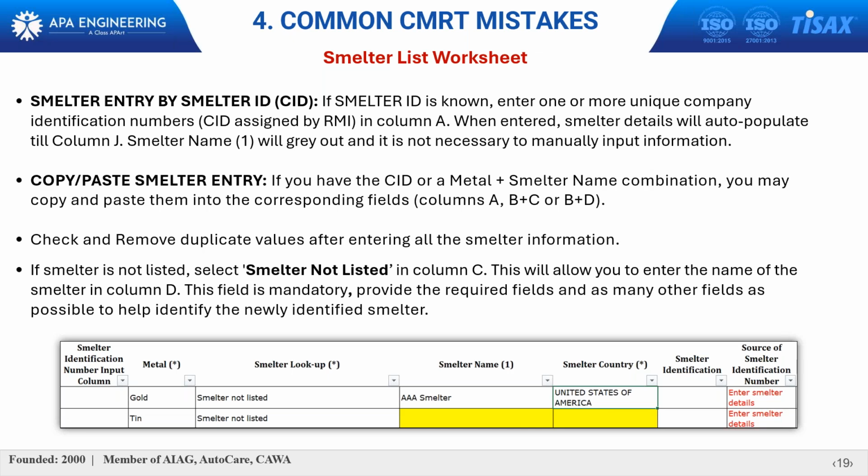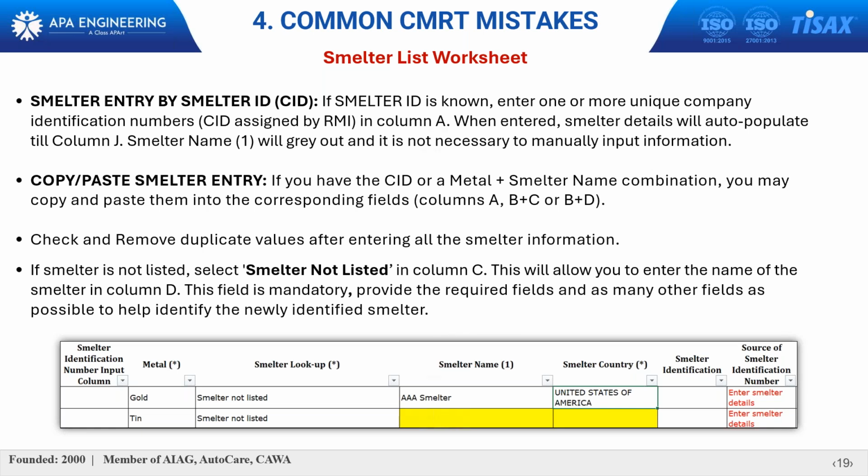Also, if you have a smelter that is not recognized by RMI, then you should select smelter not listed in column C. This will allow you to enter the name of the smelter in column D, and this field is mandatory, so provide the required details and as many other details as possible. You should also encourage the smelter to register and become an RMI recognized smelter.